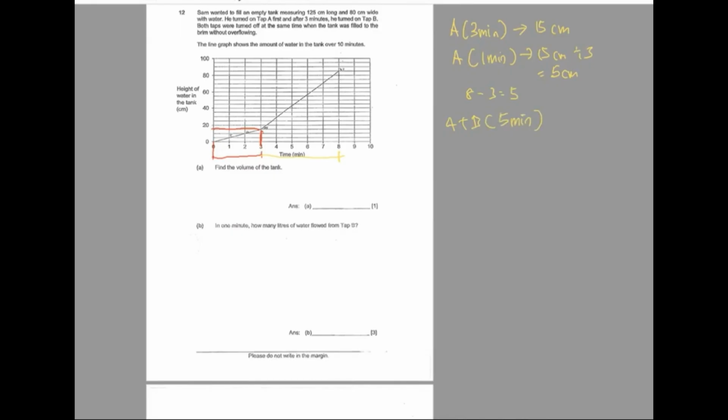It raised the water level by how much? Over here, we calculated this was 85, and this is 15. So for 5 minutes, A and B raise the water level by 85 minus 15, 70 centimeter. Okay?